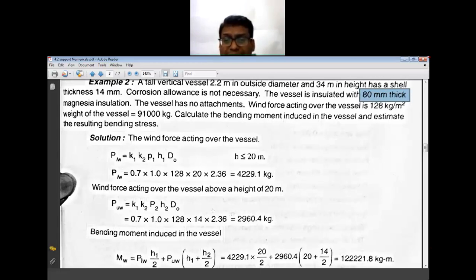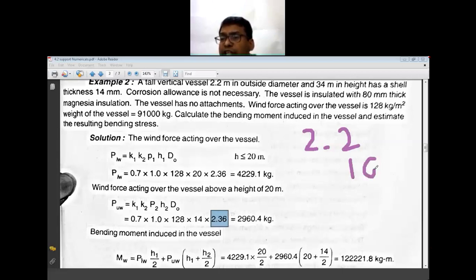When the outside diameter is mentioned, then the shell thickness is of no use because we are considering the outside diameter only. But the thickness of the insulation over this vessel is also mentioned. So the vessel outside diameter is 2.2 meter and the thickness of 80 millimeter has to be added, that will make the total exposed diameter.